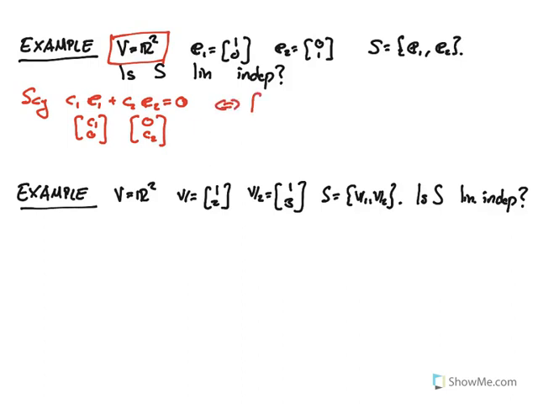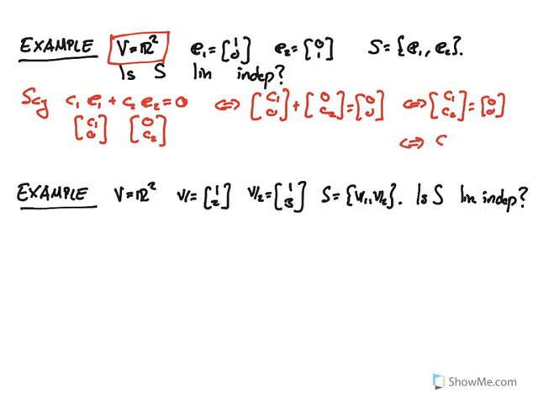So that statement is the same as saying this holds, and that holds if and only if both c1 and c2 are 0. So the answer here is yes: S is linearly independent. You cannot form a linear combination of e1 and e2 that works out to be 0.